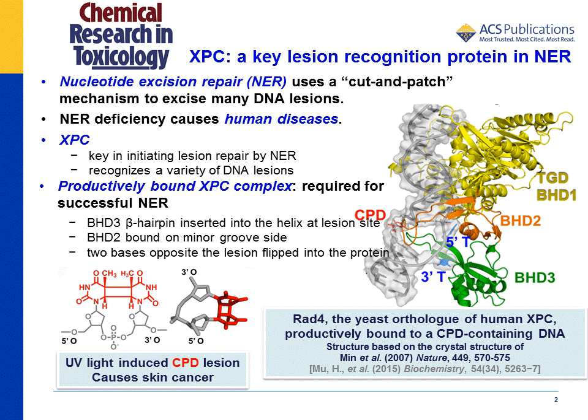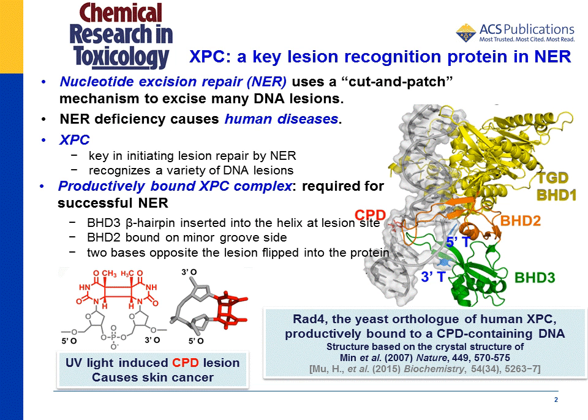NER deficiency causes human diseases, including xeroderma pigmentosum, which leads to extreme sun sensitivity and skin cancer. Hence, it's very important to understand the NER mechanism. Furthermore, understanding the mechanism can help us to design more effective chemotherapeutic drugs, since the potency of these drugs can be impaired by NER.